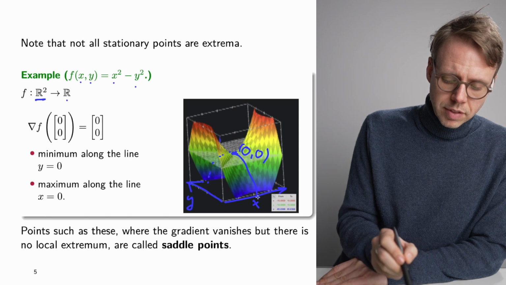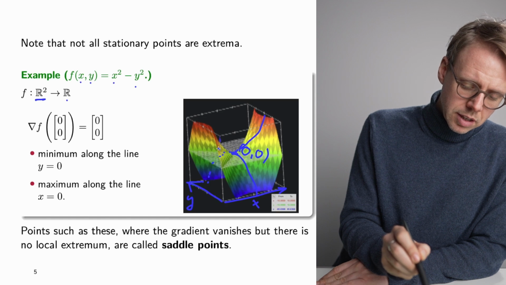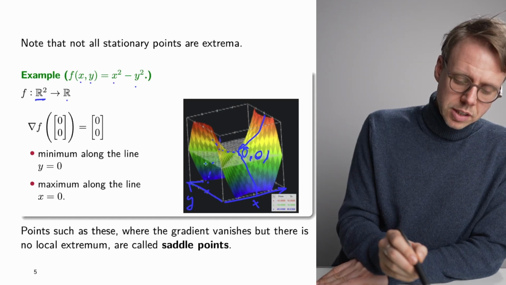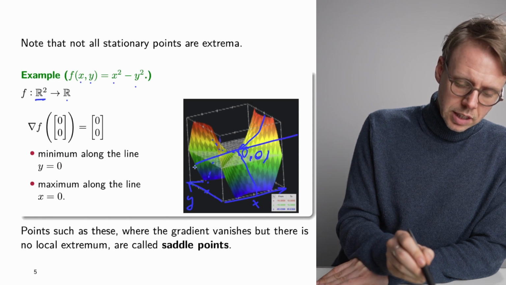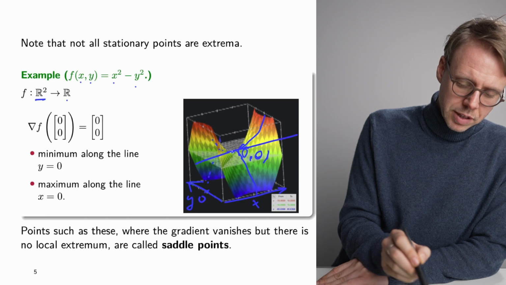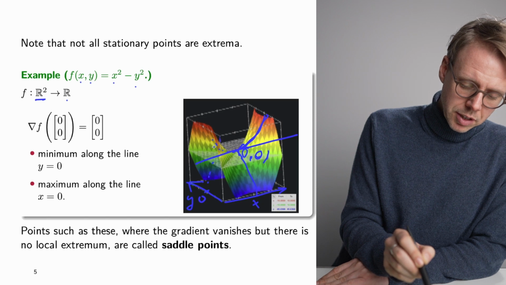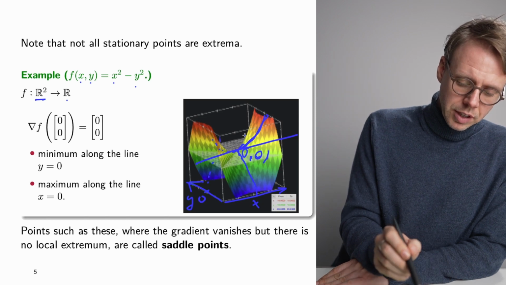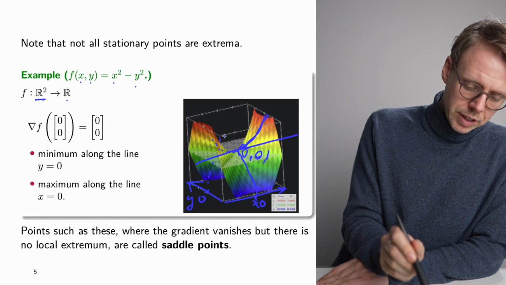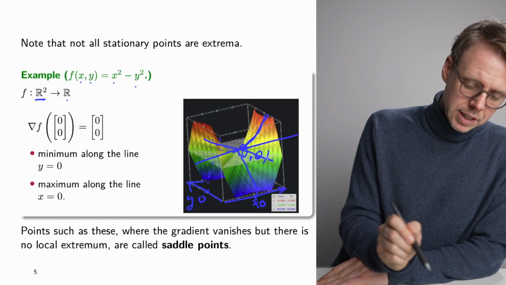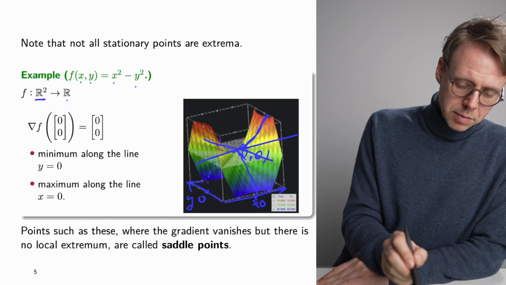So if we're just moving along this axis, keeping y always 0, it is a minimum because we would go up here or here. And if we keep x equal to 0, we would be moving on this line here, and it would be a maximum.